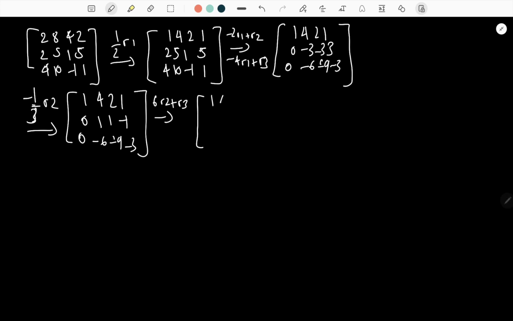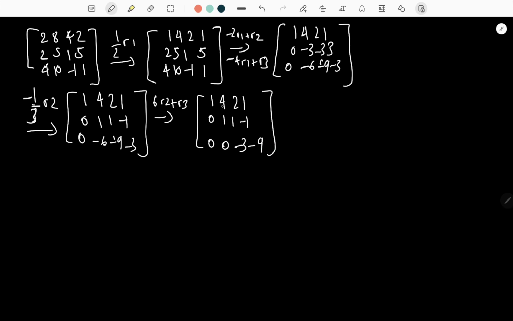So it will be 1, 4, 2, 1, 0, 1, 1, minus 1, and the last row is going to be 0, 0, minus 3, minus 9.